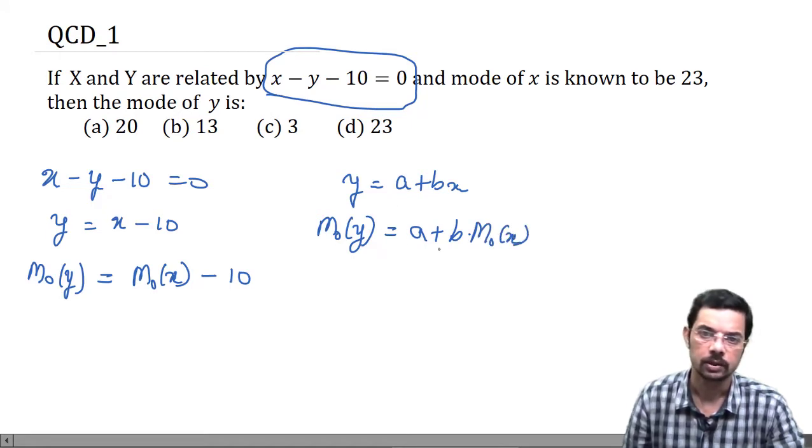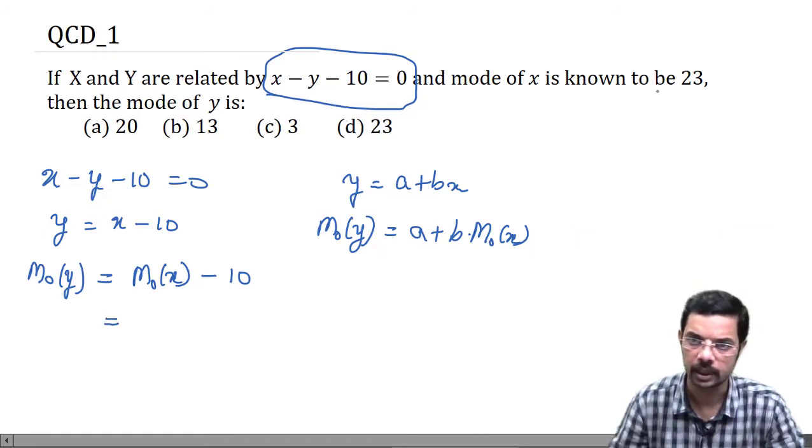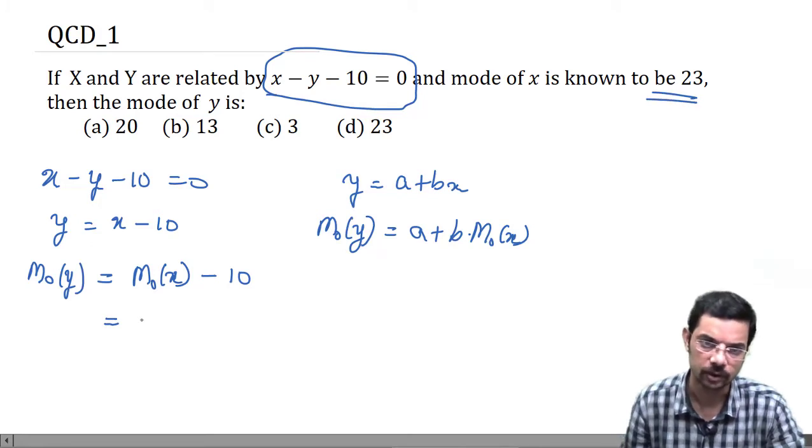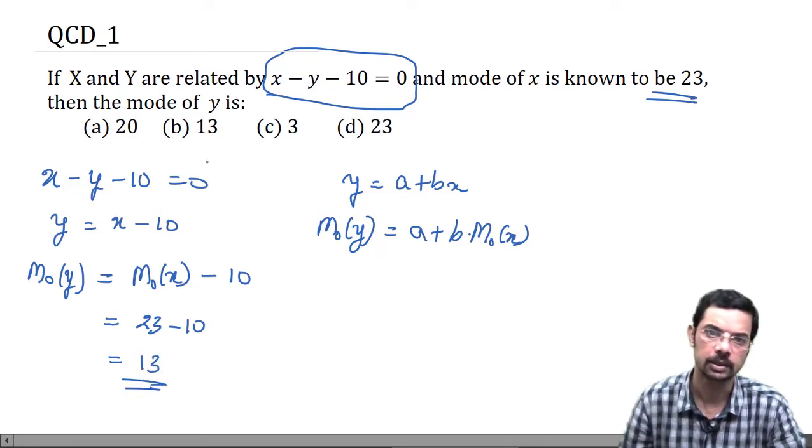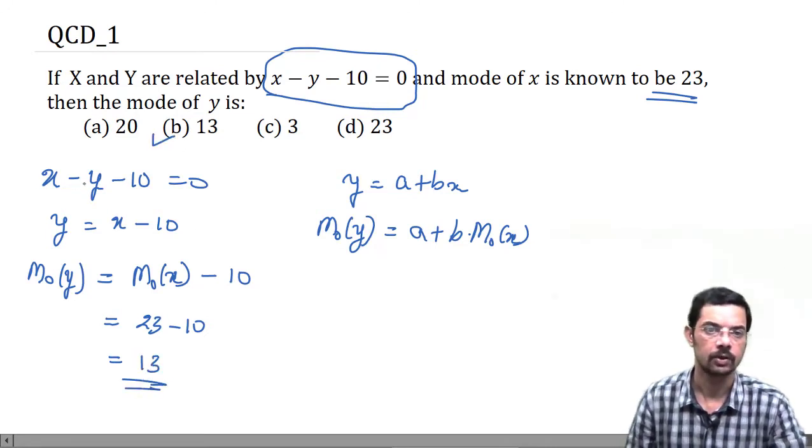Mode is affected by change in scale and origin in the same way. Mode of x is given as 23, so we have 23 minus 10, and that is equal to 13. So our answer is 13. Option B is your answer.